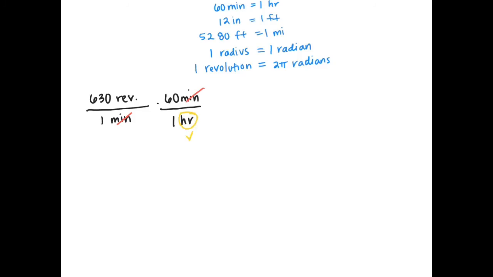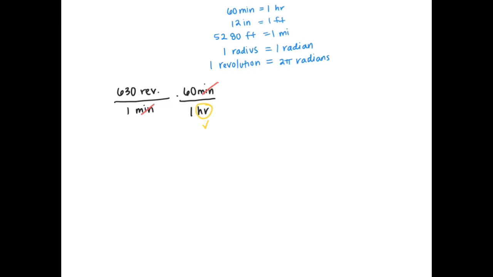Now I've got to go back to those revolutions. I can refer back to those conversions that I gave you up there in blue. So 1 revolution corresponds to 2 pi radians. But we've got to be careful about who goes in the numerator and who goes in the denominator. Since revolutions is currently in the numerator, we want it to go in the denominator. So I have 2 pi radians per revolution.